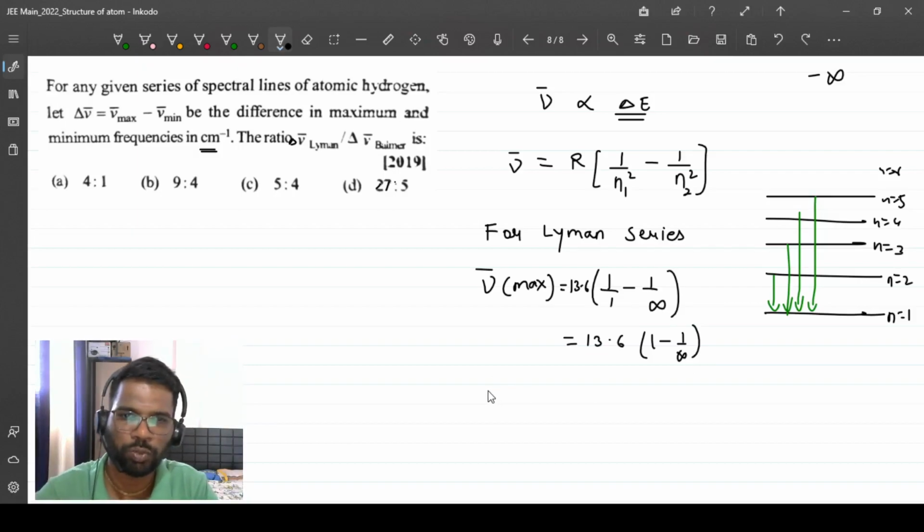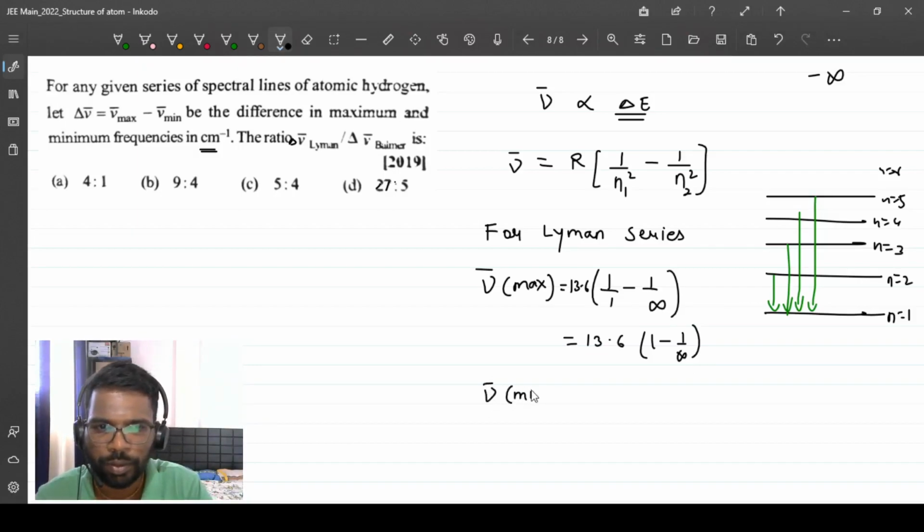That is the wave number. Minimum will be 13.6 into 1 by 1 minus 1 by the minimum level, the energy difference. So this is going to come to be 1 by 4.